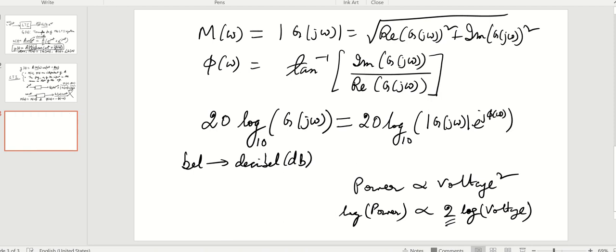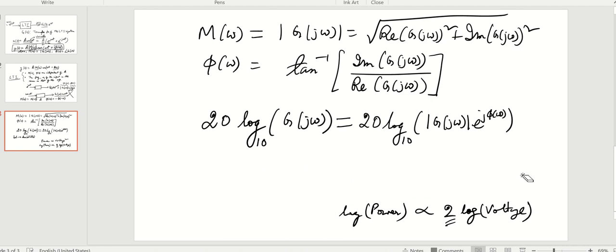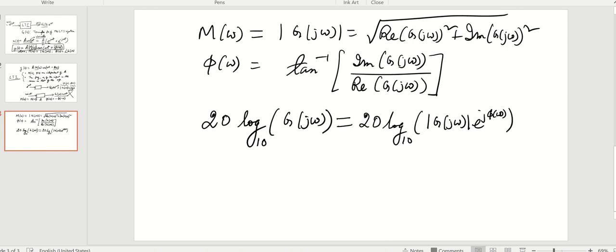Let me just erase the later part of this so that I can make space here. All right. Fantastic. So then I'll just do the intermediate steps.